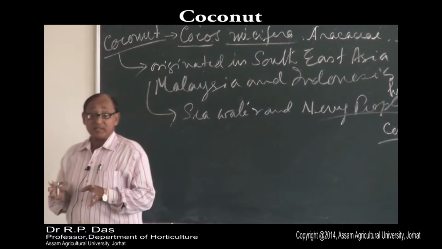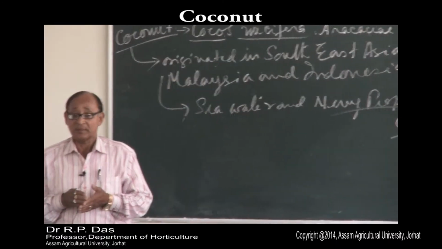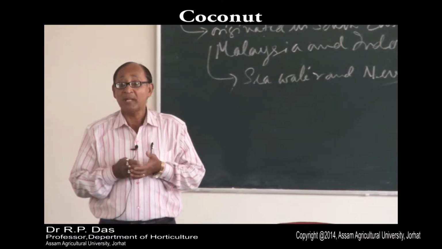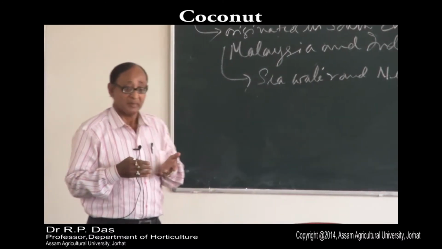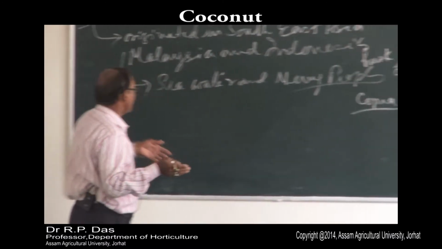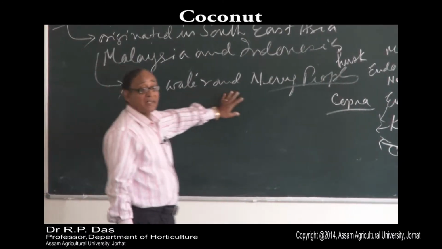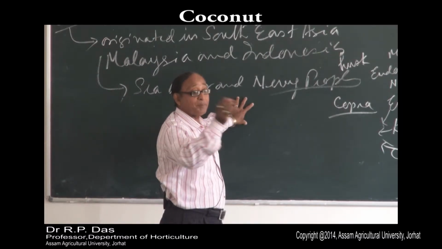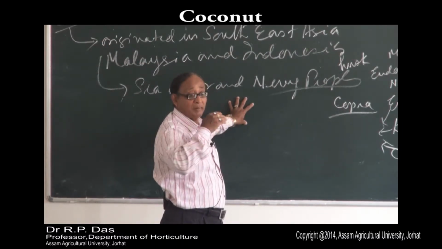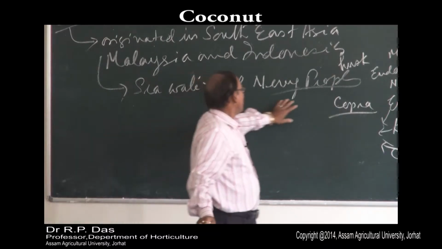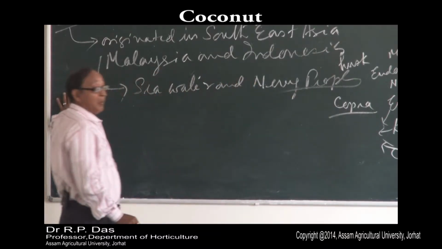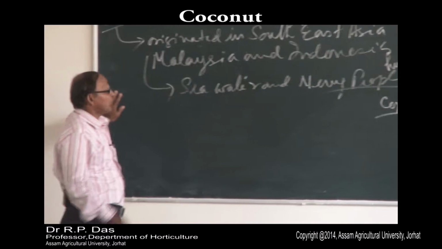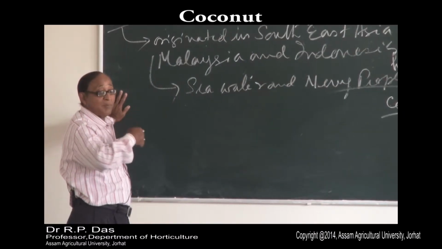So dispersal of seeds can be by winds, by insects, by animals, by birds, or some other means. Here it is by sea waters and the navy people, by ship traveling, that is water transport. So it was dispersed from one place to another.